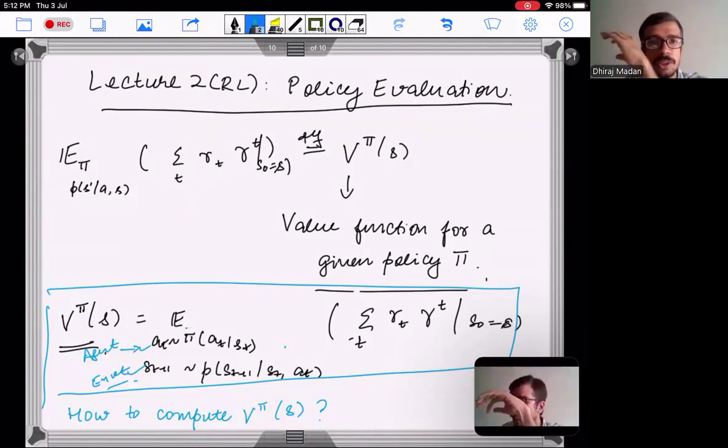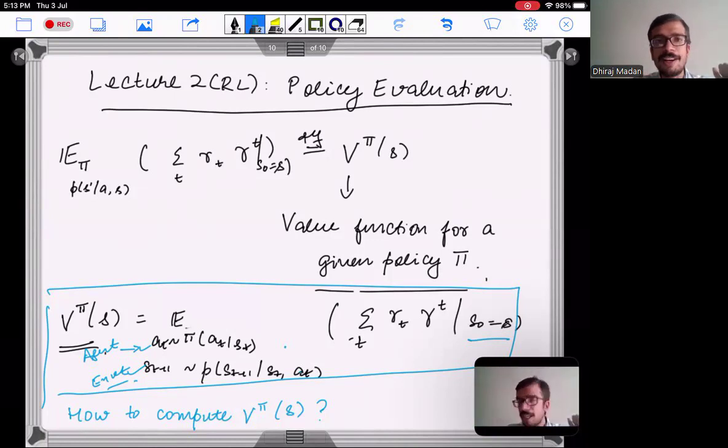We are only conditioning on the initial state, and we are considering both the distributions of agent and environment over which we are averaging. At every step we have some distribution and sampling, and this expectation needs to account for all of it.